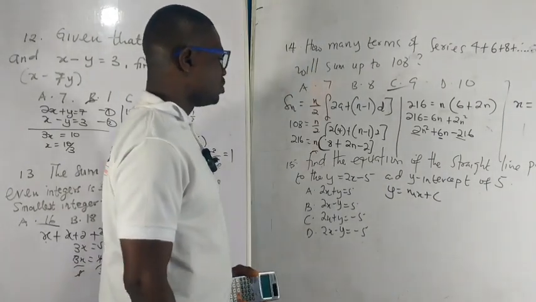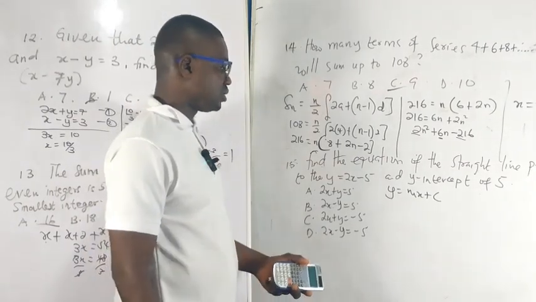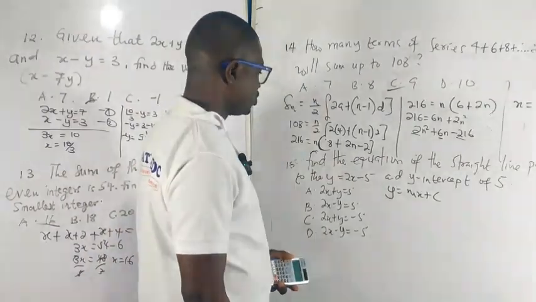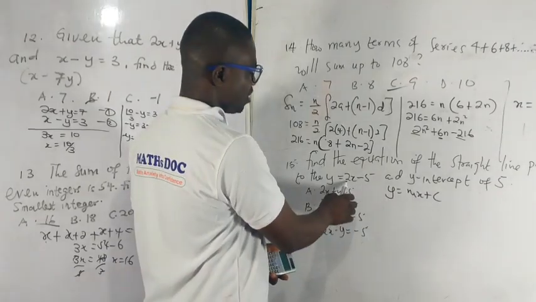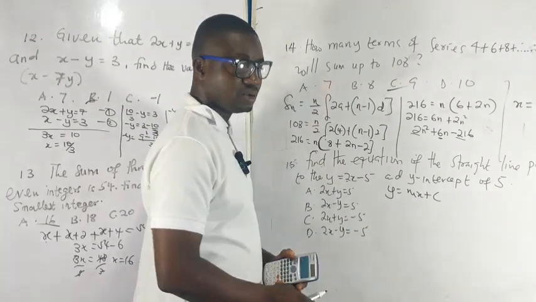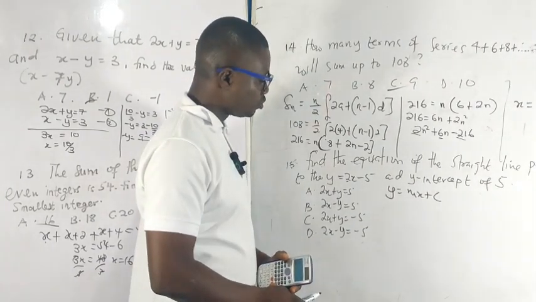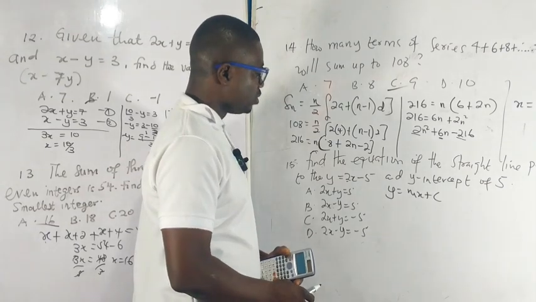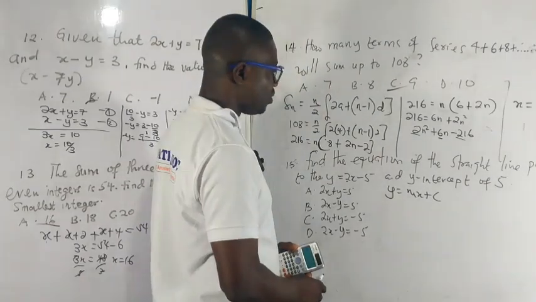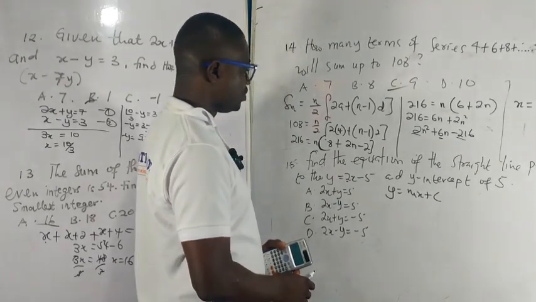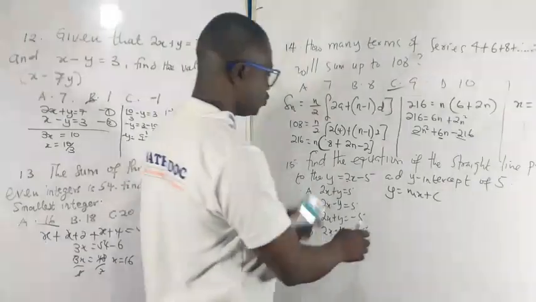In that case, we are going to substitute this expression into the equation. So when x is equal to 0, we know that our gradient is 2, and then our y-intercept is going to be 5. So we substitute that.